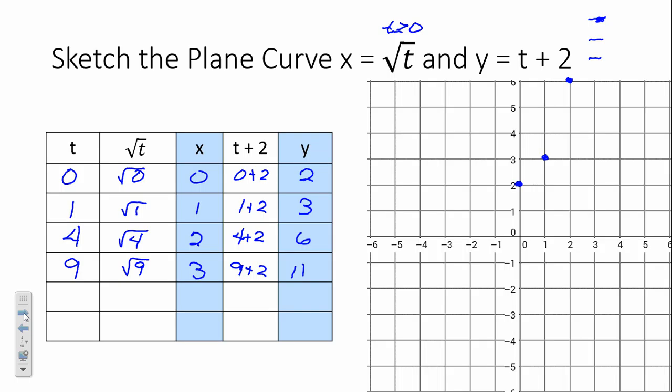Going to have some sort of curve to it because of the square root of t. So we connect the dots, and then we don't forget our arrows to indicate the direction in which it's going. Yeah, don't go too crazy with the arrows. A couple's good. Okay, just indicating the direction in which it's going. Okay. All right.